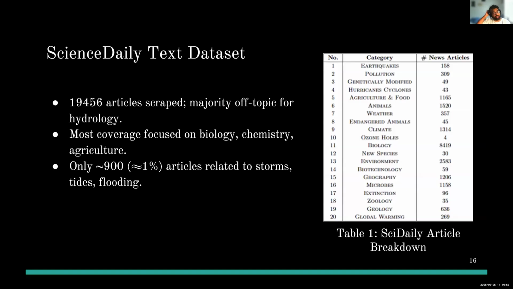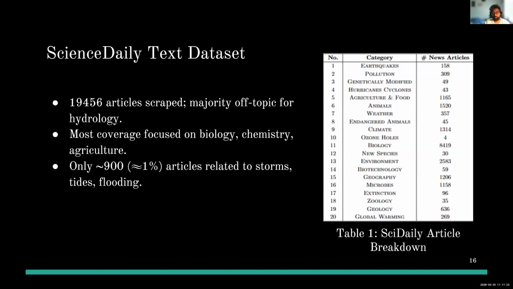Now, the first data set that I had used was this Science Daily text data set because one of the things that Professor Bobadilla and I wanted to pursue was using news articles. And so for our text corpus, we initially scraped over 19,000 Science Daily articles. However, after reviewing and sifting through the data, only 1% were directly relevant to hydrology and flooding.